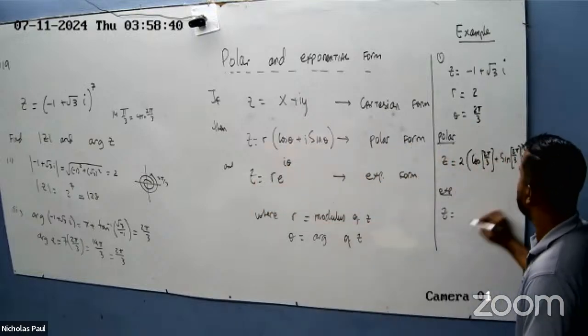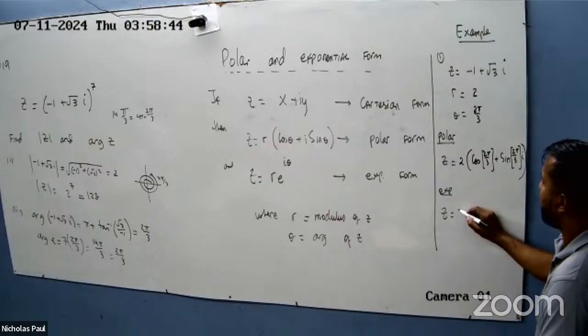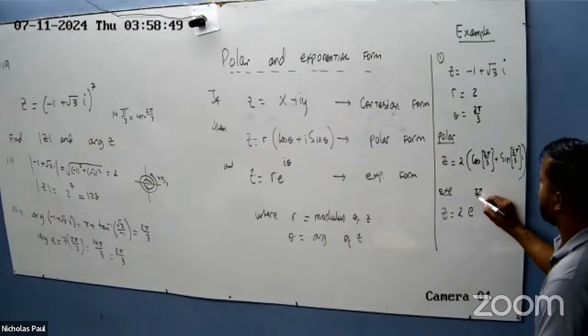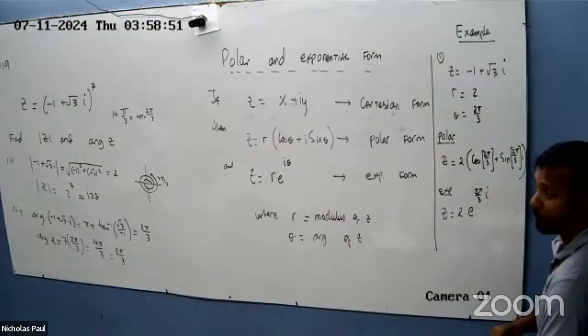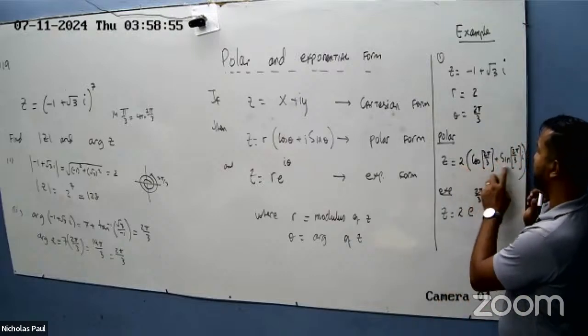And here is r, which is 2e^(2πi/3). If you put this in the calculator, you'll get that.